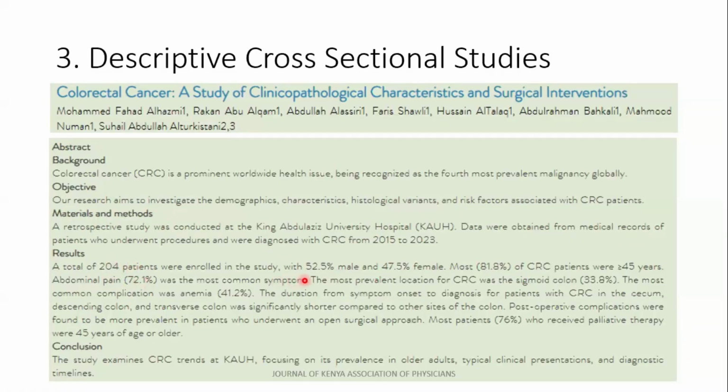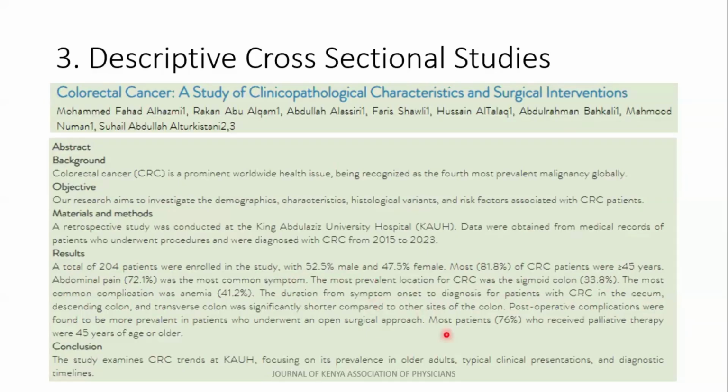They've described the distribution of sex, so 52.5 percent were male. Most of them were greater than 45 years. They've described some of the symptoms, the duration of symptom onset, and the location of the cancer in the cecum, the descending colon, and the transverse colon, and then the approach.